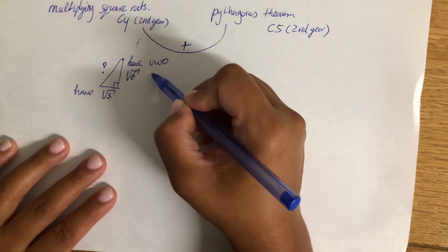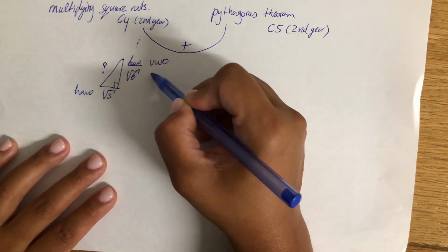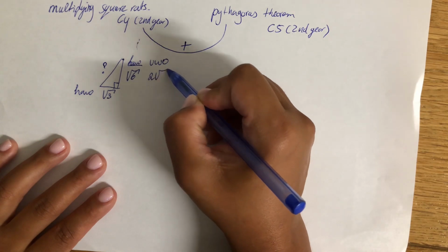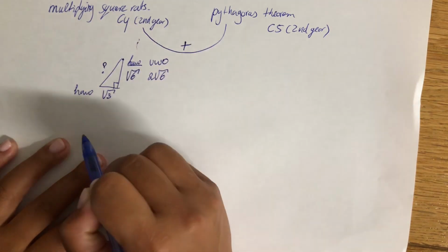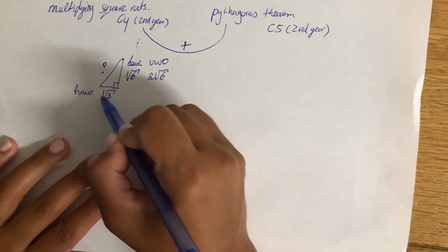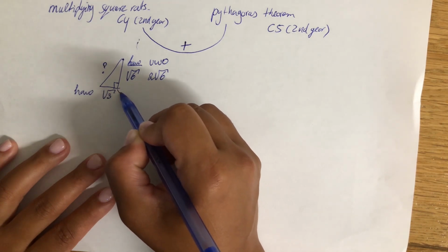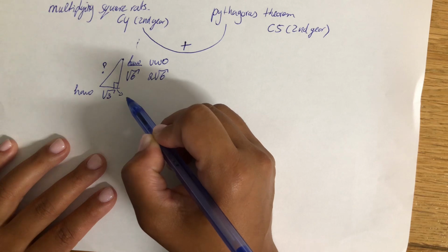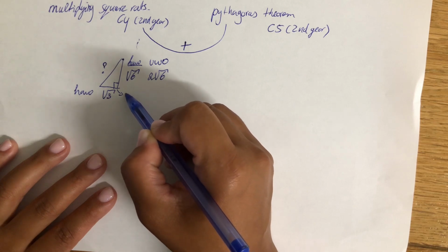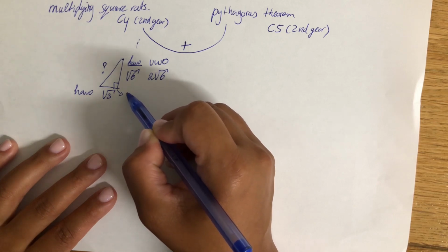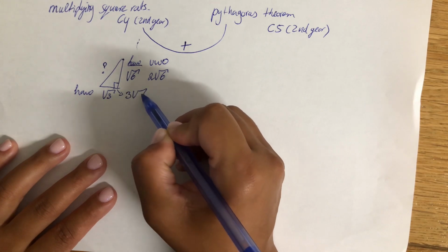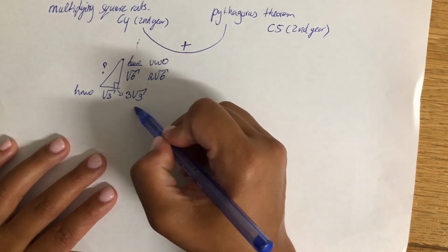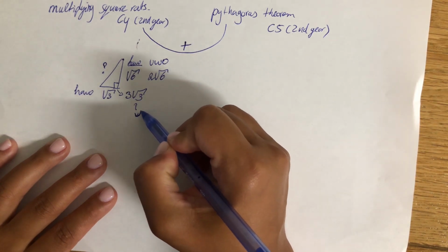This measurement is 2 square root of 6, and this measurement over here is, let me just think of something, 3 square root 3. So let's see how that turns out. So just two different measurements for the different levels.